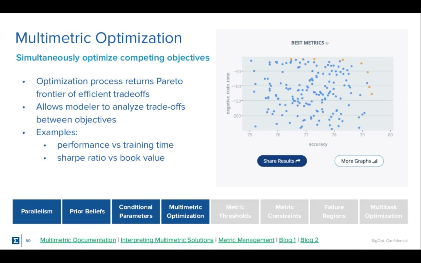And so we provide a number of advanced features on our optimization framework to allow you to do things like multi-metric, to balance things like training time and accuracy. You can see a Pareto frontier of best points across 2 different metrics as you optimize across multiple metrics.